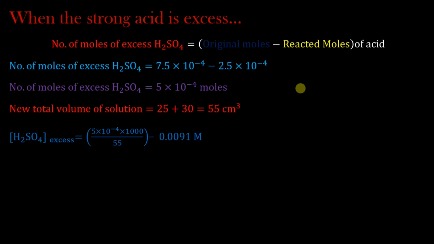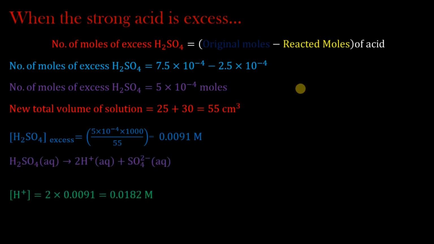And after obtaining the concentration of excess sulfuric acid, we have actually gone back to the calculation of the pH of a strong acid. That is, one, by writing the equation of reaction, that is the dissociation of sulfuric acid. And from that equation, we are going to be able to obtain the molar concentration of hydrogen ions, because 1 mole of sulfuric acid produces 2 moles of hydrogen ions, which means the molar concentration of hydrogen ions will be twice the molar concentration of sulfuric acid.